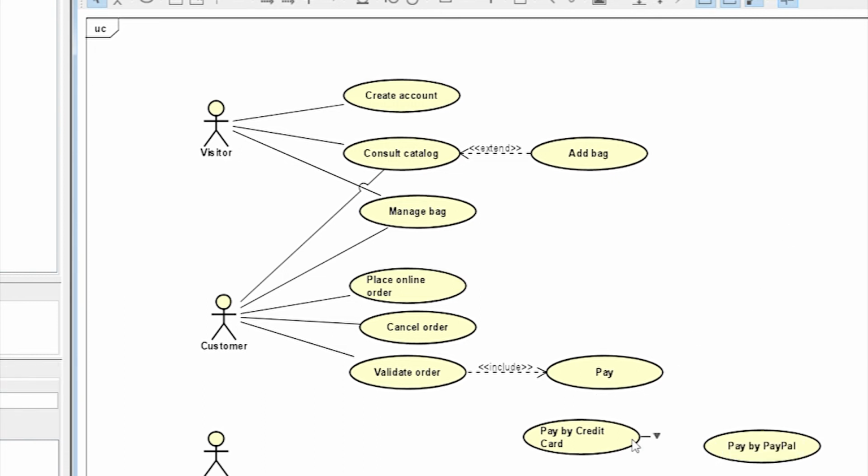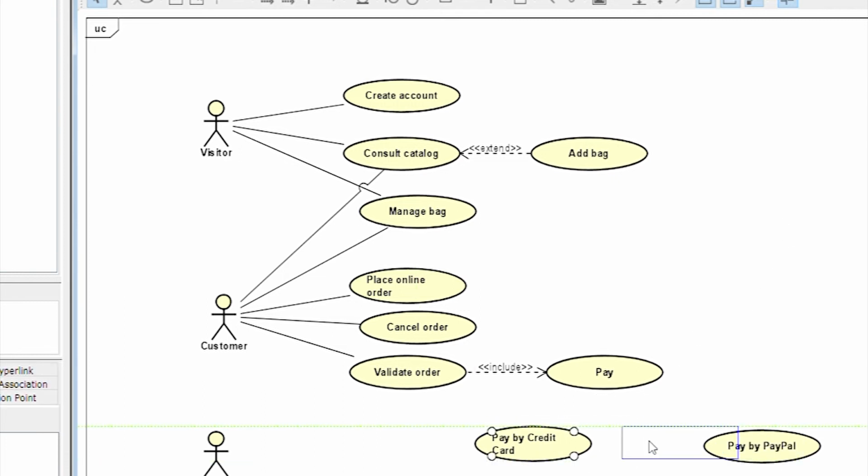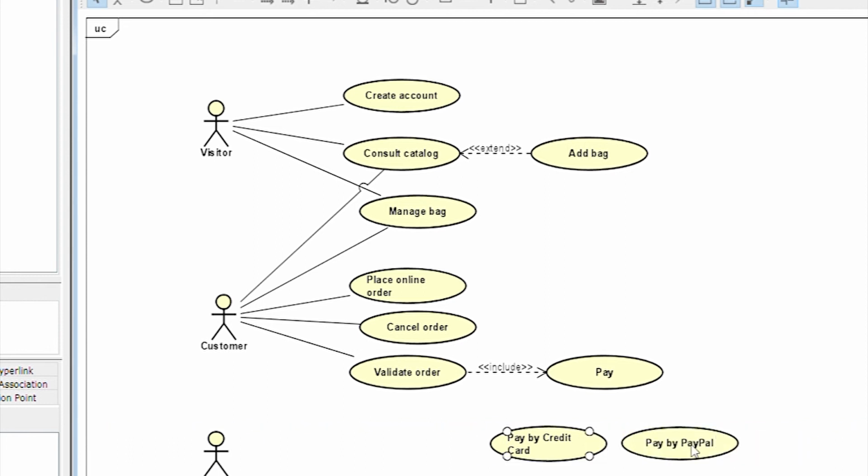So here it's a generalization or an inheritance between these cases. Here is the specific element that will inherit the generic element, which is pay. Okay, so to do the inheritance, we will use this arrow.